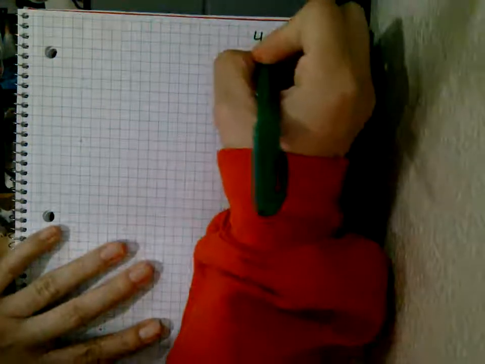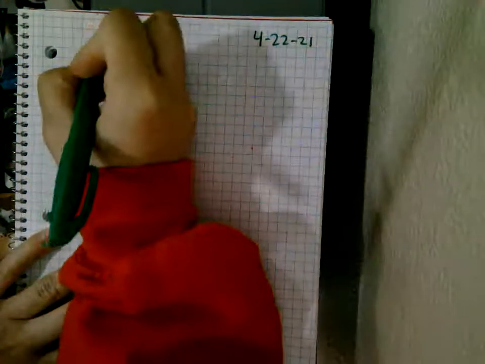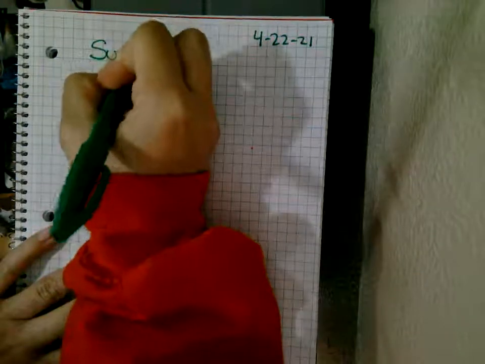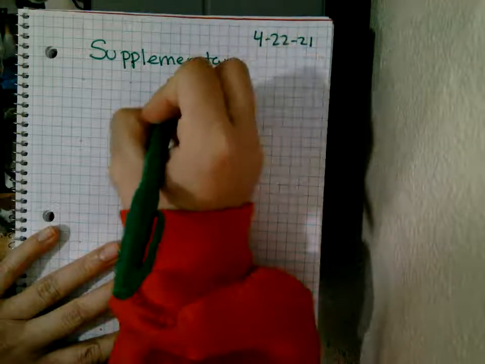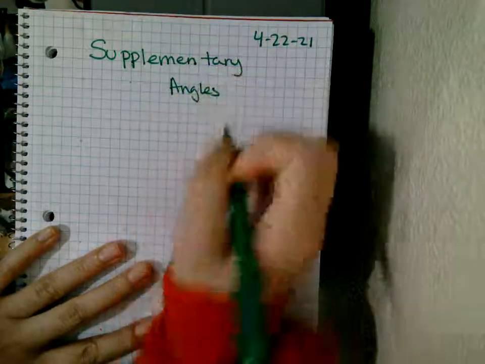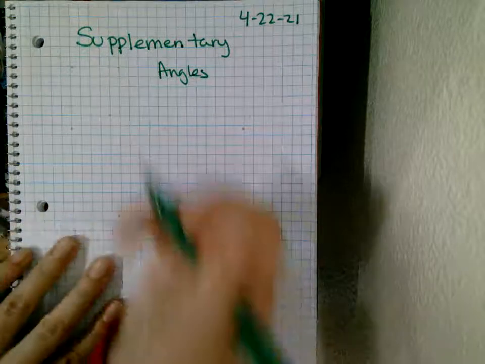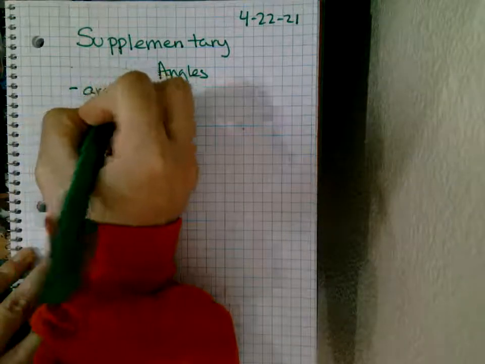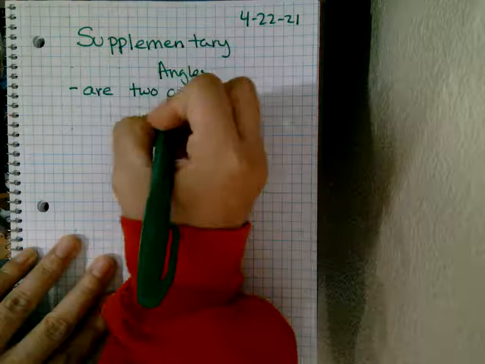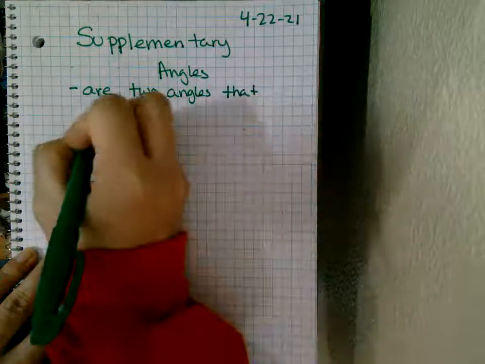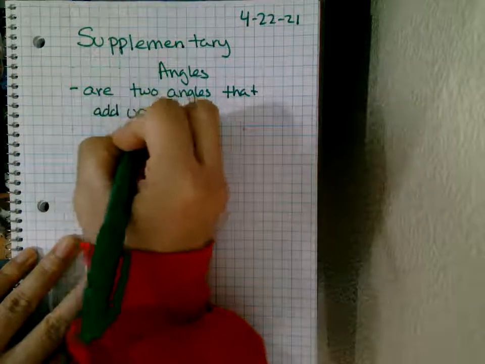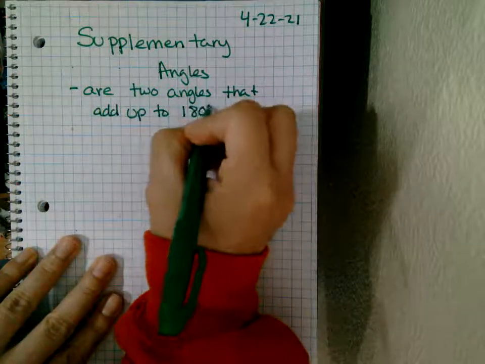All right. So today's date is 4/22/21, and we're going to do what are called supplementary angles. Supplementary angles are two angles that add up to 180 degrees.